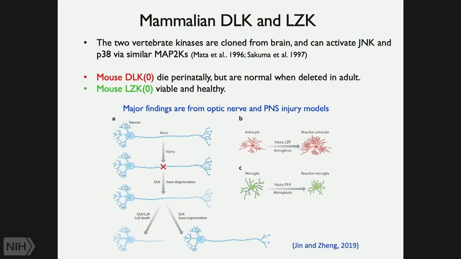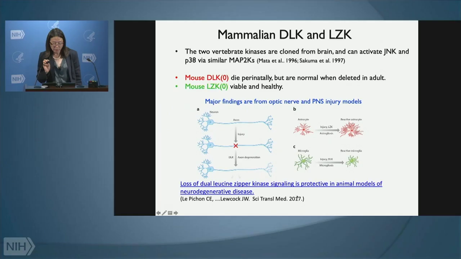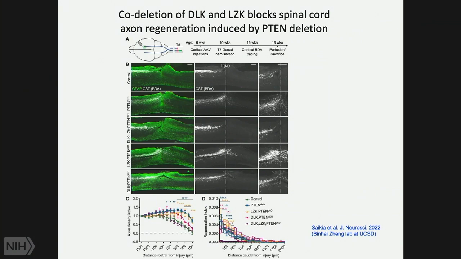I know Claire Le Pichon's group at NIH have also implicated DLK's role in microglia, and her early work, particularly at Genentech, implicated the DLK kinase as protective in animal models for neurodegenerative diseases such as Alzheimer's and ALS.